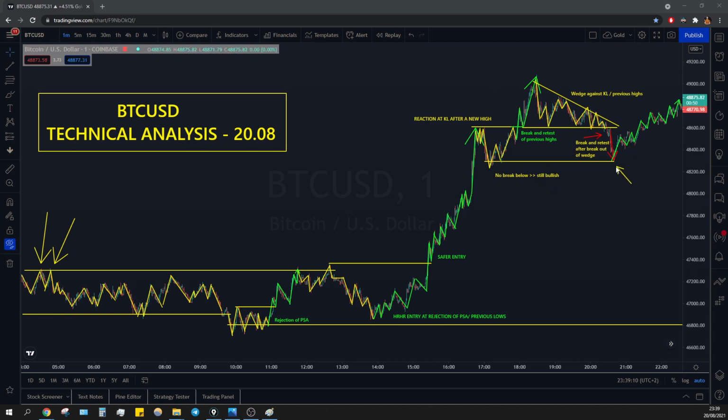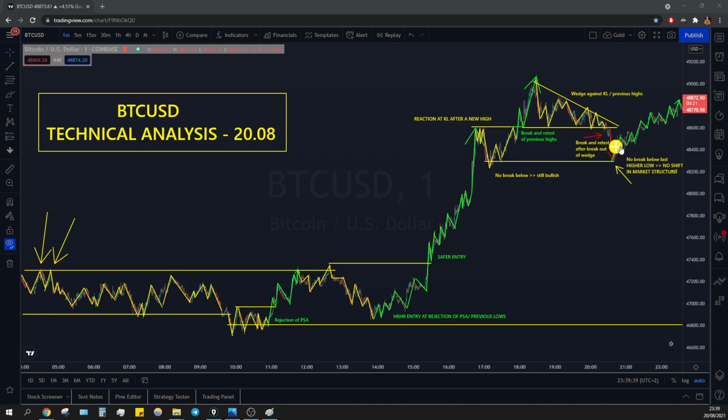Let me put a hover here. No break below the last higher low. No shift in market structure.